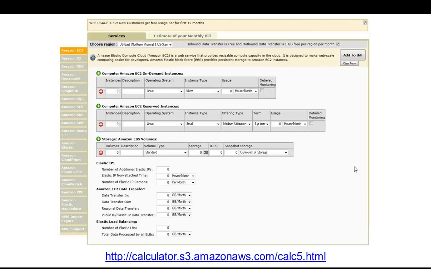I think you'll find that even in a single region with multiple availability zones, you're going to have a very fault-tolerant architecture, especially if you start moving as much of your app or site out to the edge as possible.